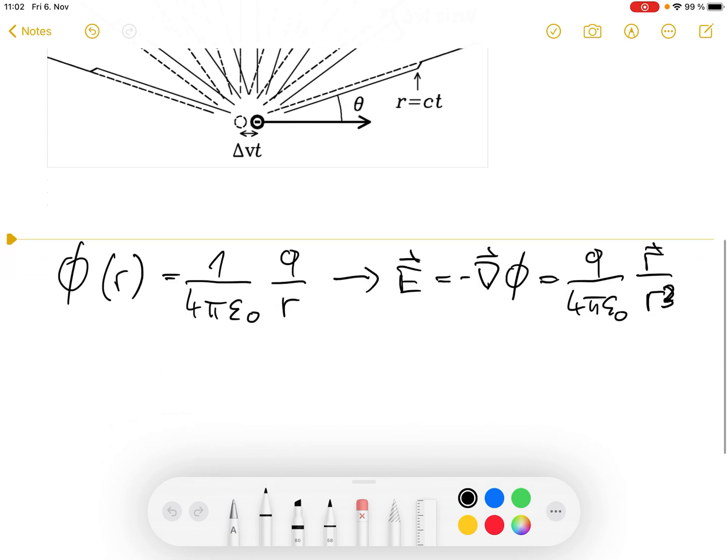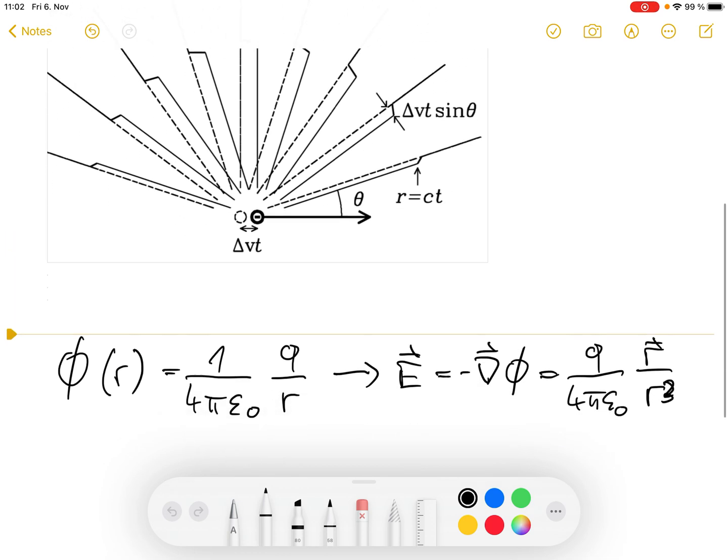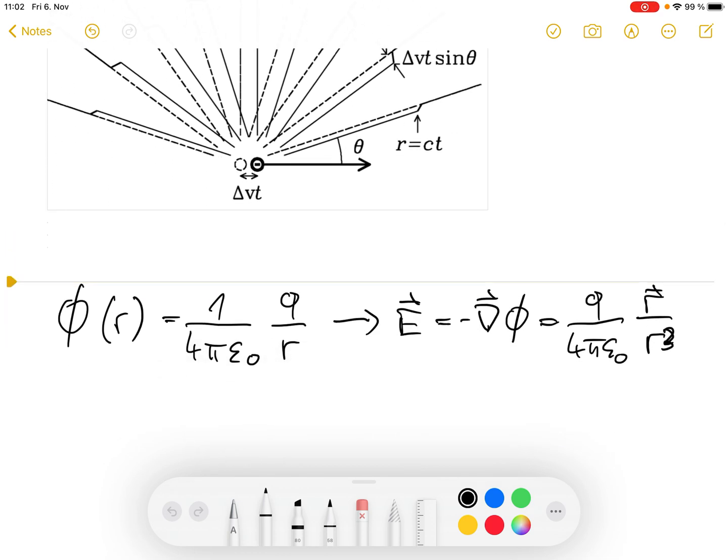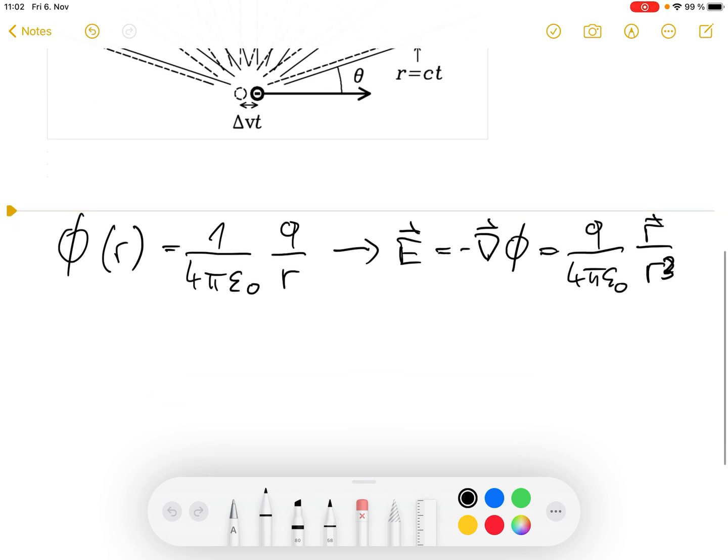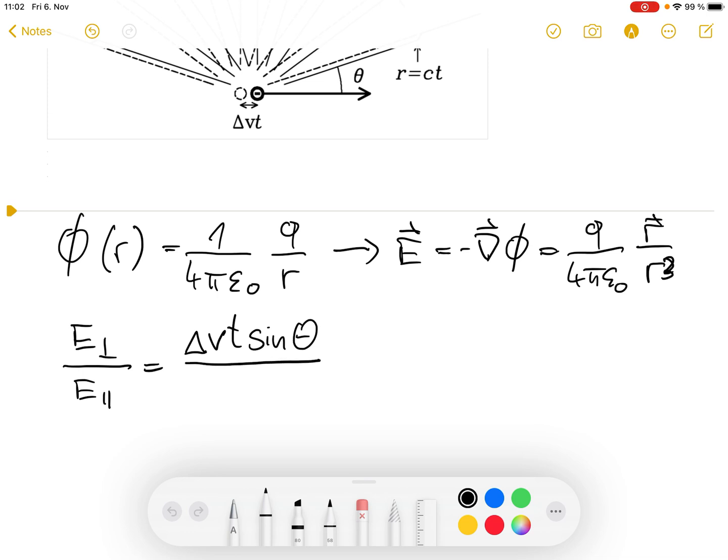If you look at the diagram, you will find that the perpendicular component in terms of the radial component is delta v t sine theta, and the parallel component is just c delta t.